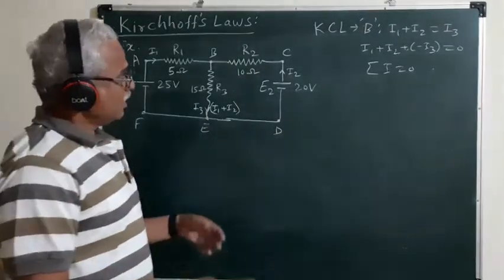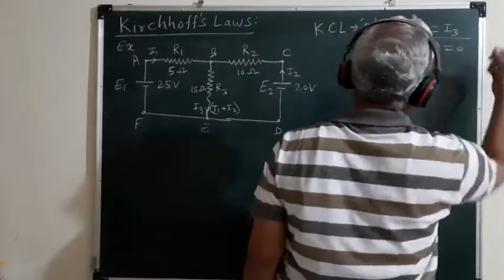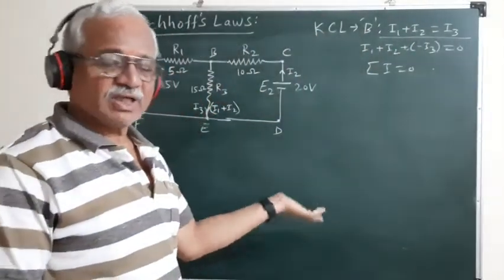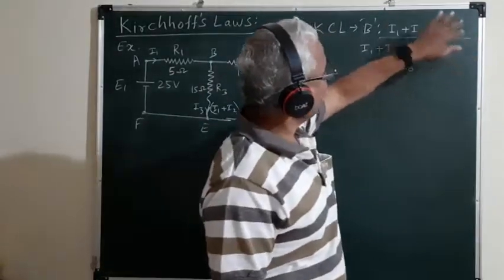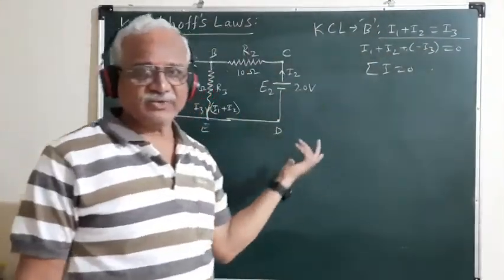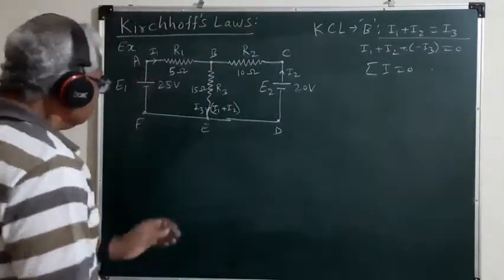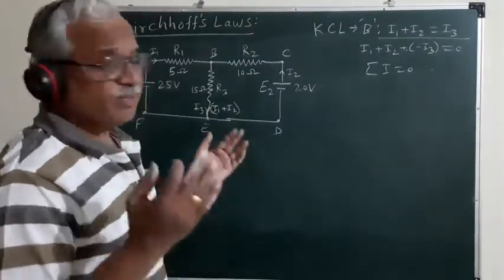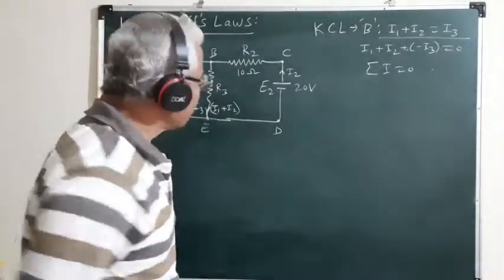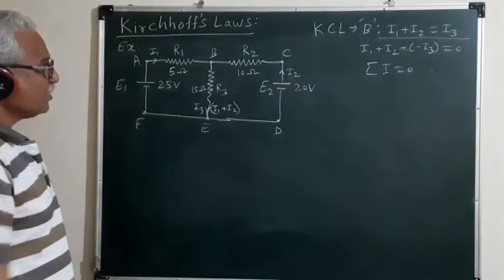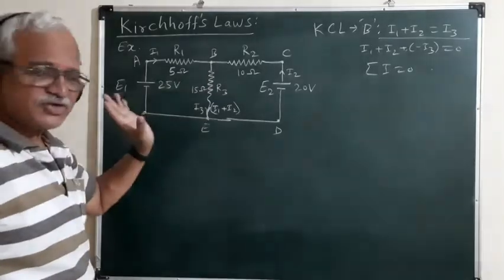The relation is the same, I1 plus I2 is equal to I3, and the only difference is in the sign convention: minus I3 plus I1 plus I2 is equal to 0, or I3 is equal to I1 plus I2. That is Kirchhoff's current law applied to the junctions B and E.